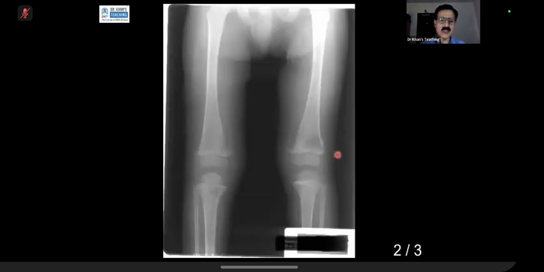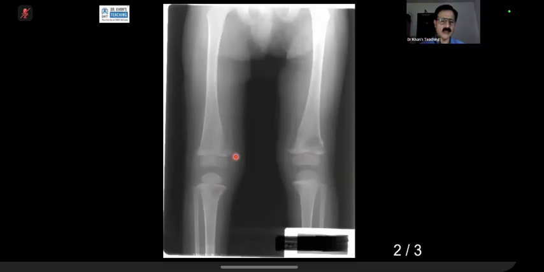Now, one teaching point which I want to tell you is that the candidate confused this high density at the metaphysis with lead poisoning. And it is very good that this confusion was made, because this is how you learn. Please remember that dense metaphyseal band is a differential diagnosis in your Chapman.